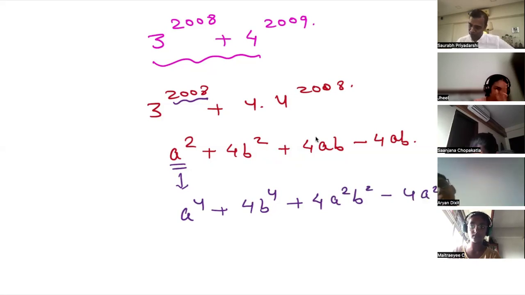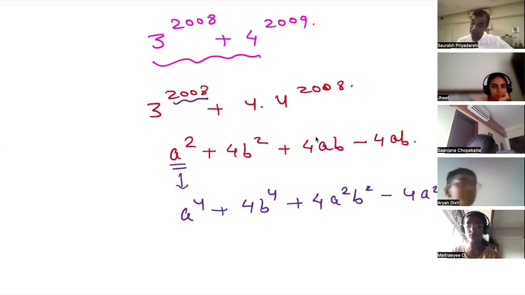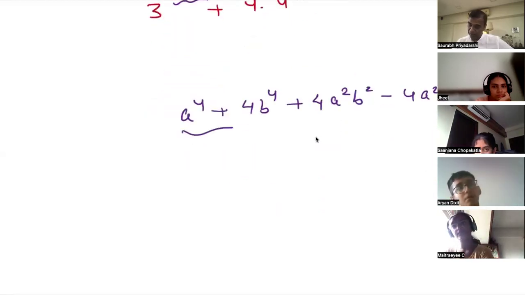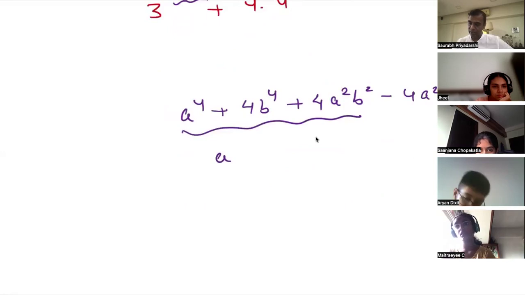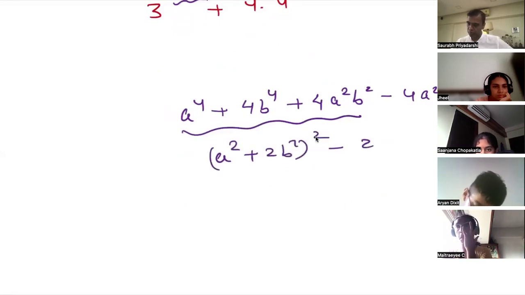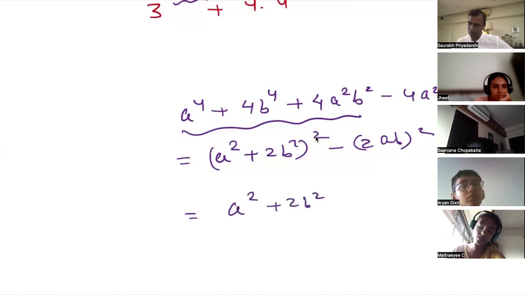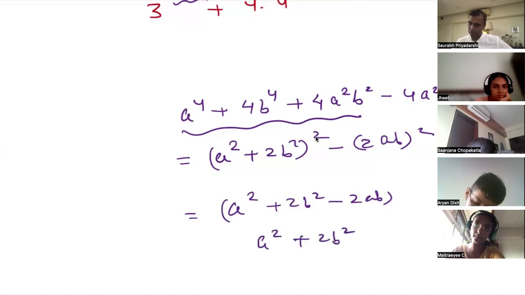When I write this in power 4 form, I can say this is a square plus 2b square, the whole square, minus 2ab, the whole square. Then the first number is a square plus 2b square minus 2ab, and the second number is a square plus 2b square plus 2ab.